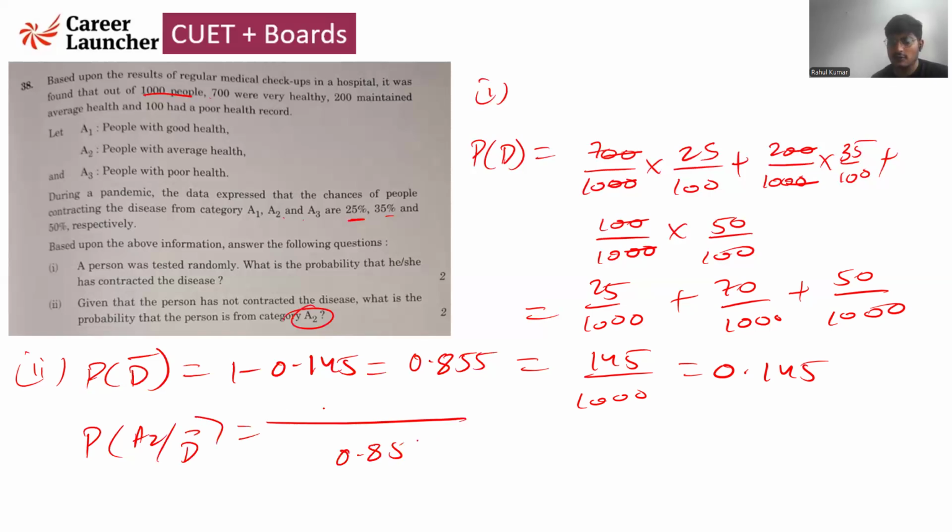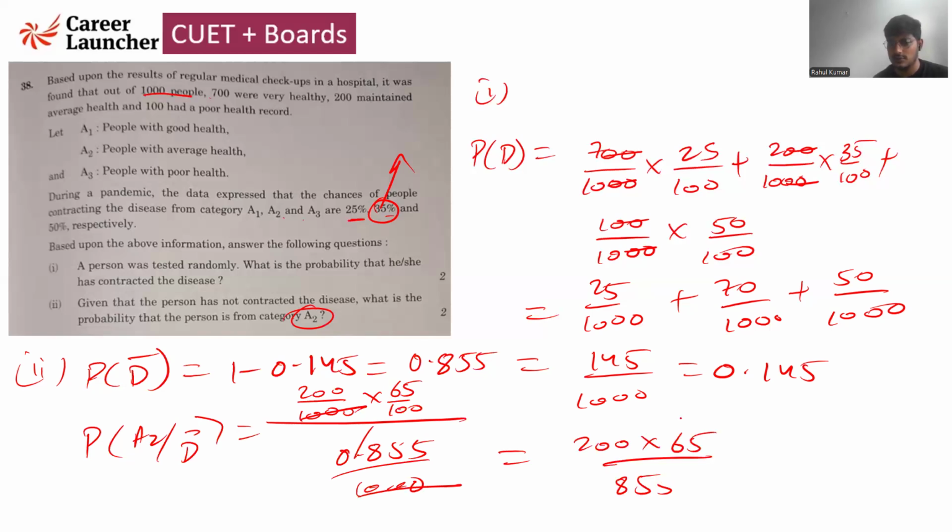So 0.855 will get multiplied with how many people from A2? 200 by 1000. Let me write in the decimal format, not fraction format. Multiply with how many people do not get the disease? 35% are getting the disease, so 65% are not getting the disease. So this 1000 will get cancelled out, and we have 200 multiplied with 65 divided by 855. You can just divide by 5.